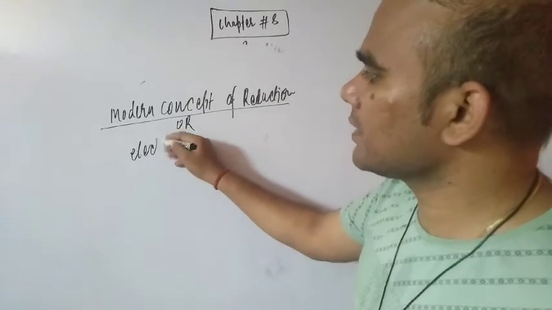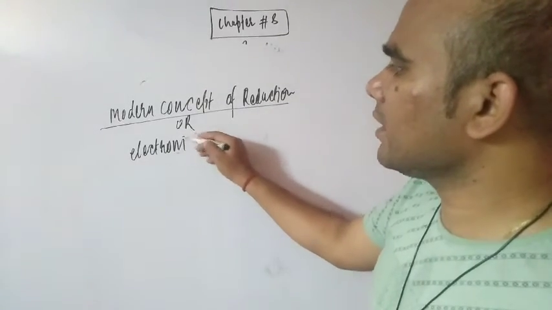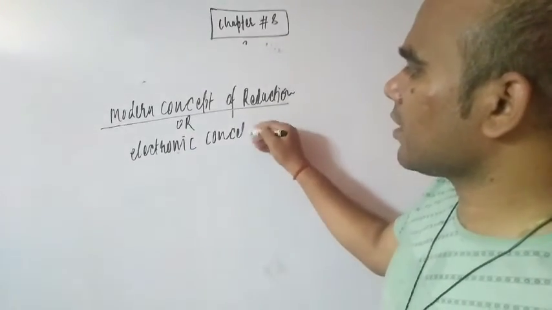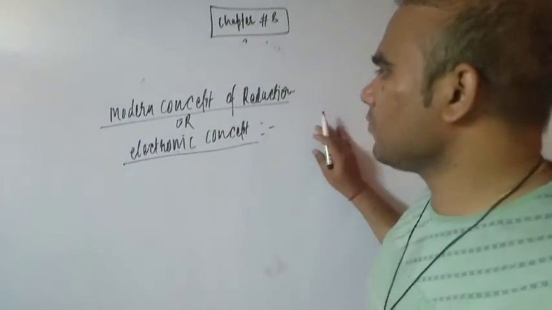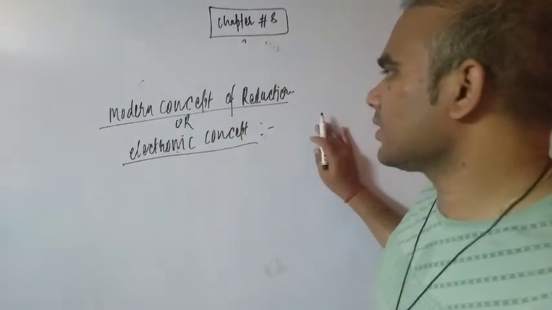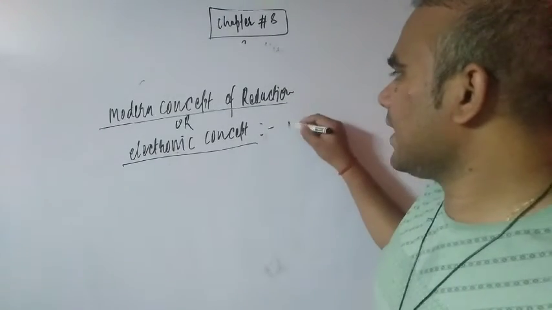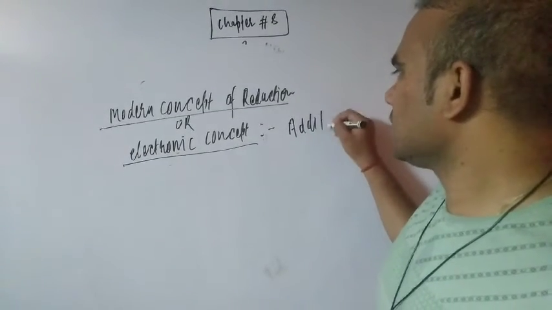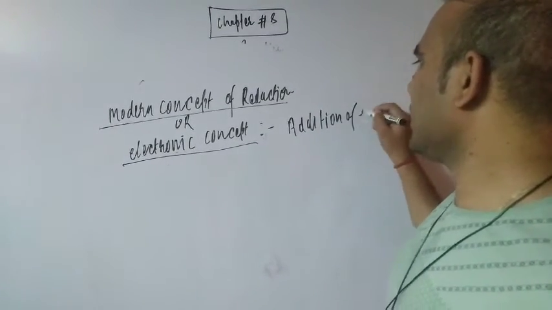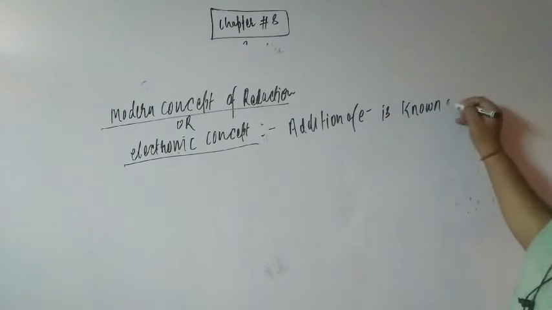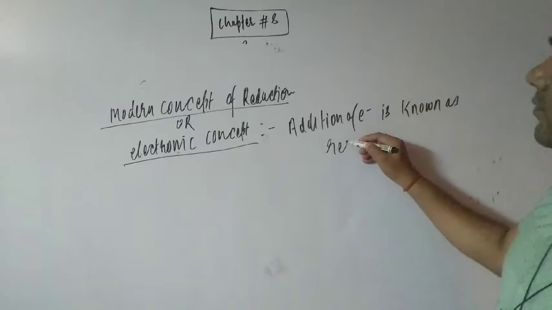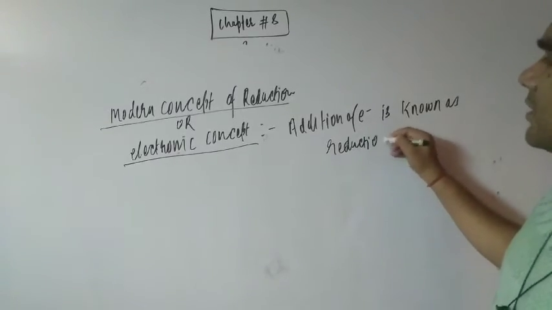What is the meaning of this electronic concept? It is the addition of electrons. Addition of electrons is what is known as reduction. This is a very simple concept.